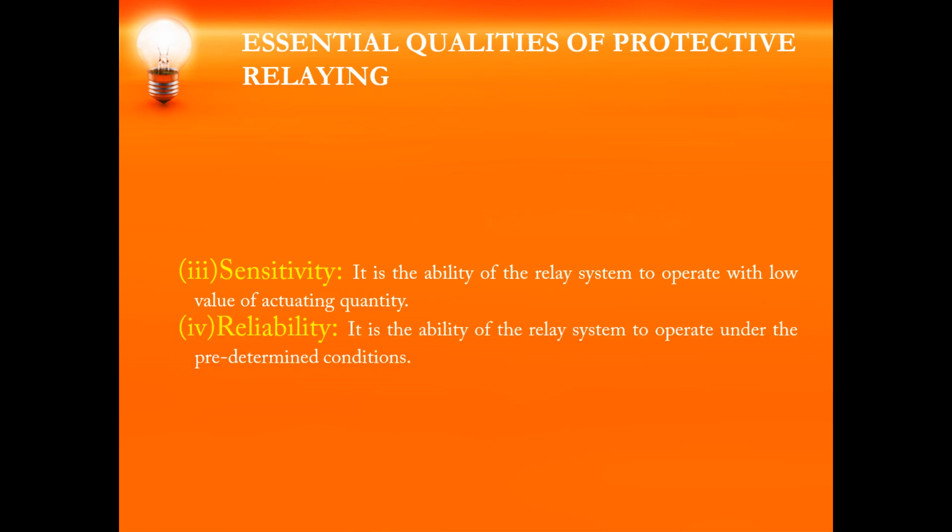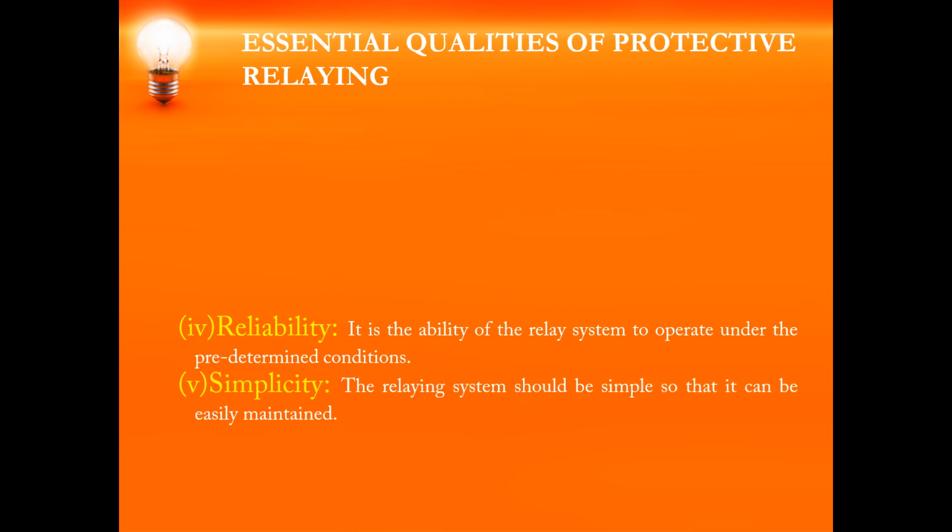The next is reliability. Under fault conditions, the relay has to operate. The protective system should operate reliably whenever a fault has occurred in its zone of protection. If primary protection fails, then the backup protection has to come into action.